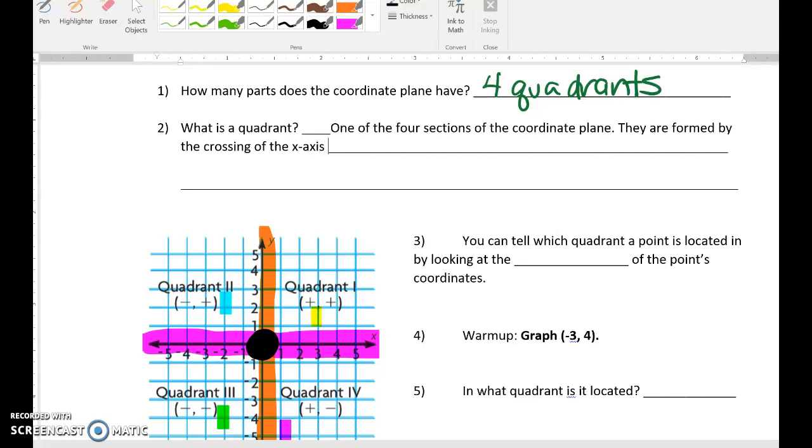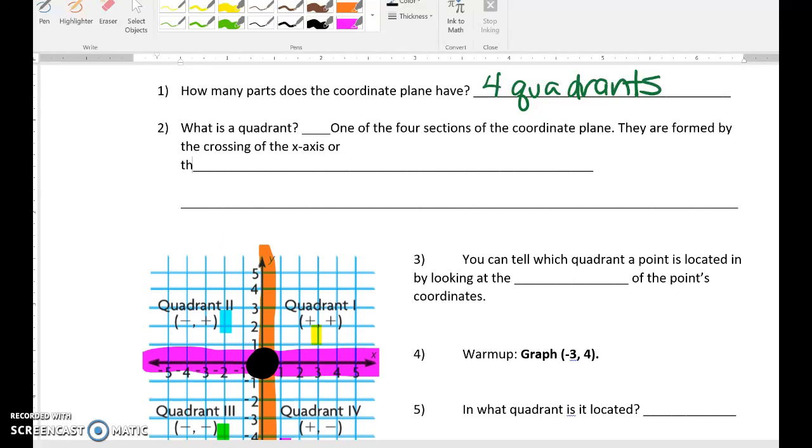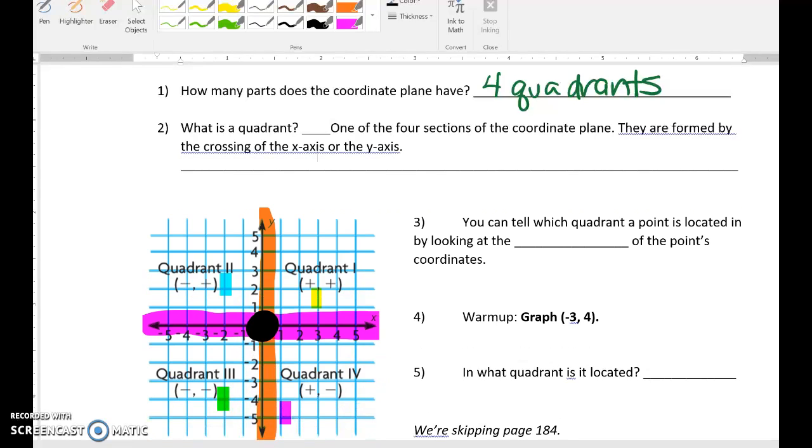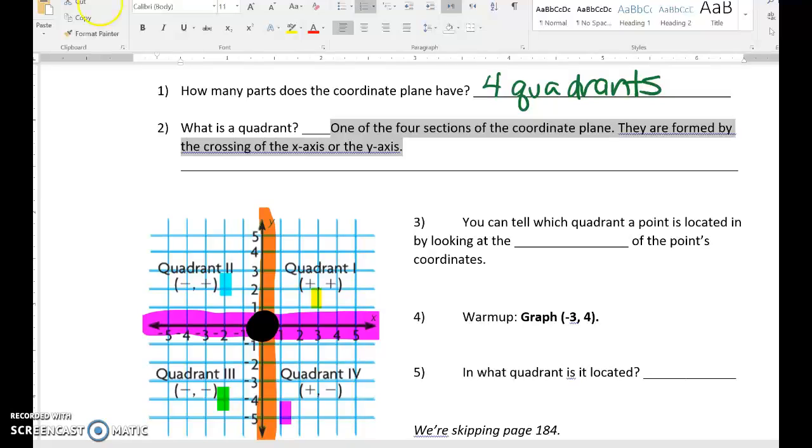So if we're thinking about, is it above the axis, is it below the axis, is it on the left side, is it on the right side, right? That's what we're talking about when we're talking about the quadrants. So the reason we care about the quadrants is that we want to be able to say, when we look at a point, where exactly is it going? What part of the coordinate plane is it on, okay?